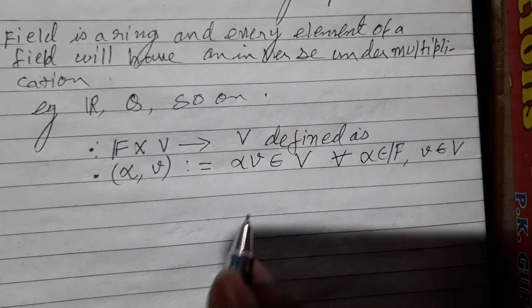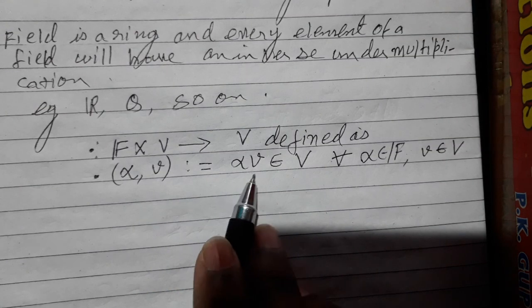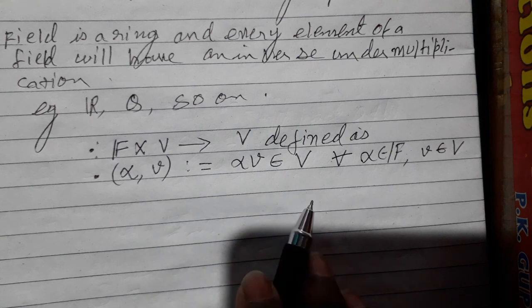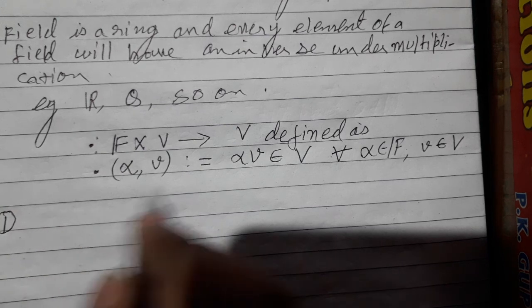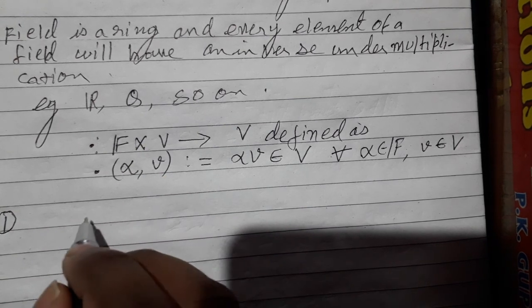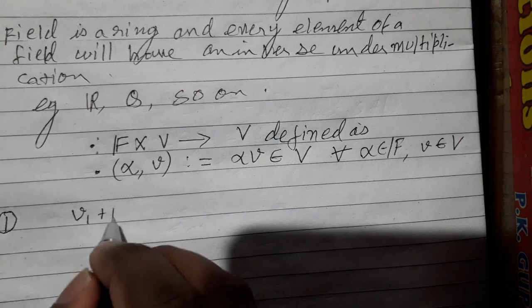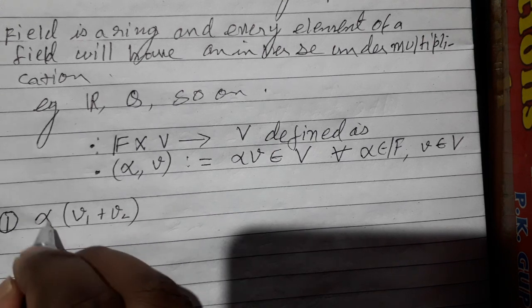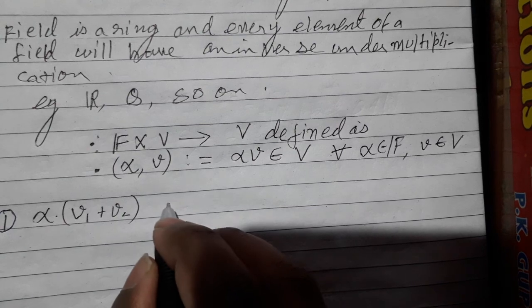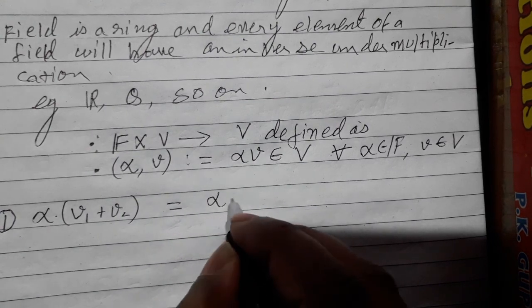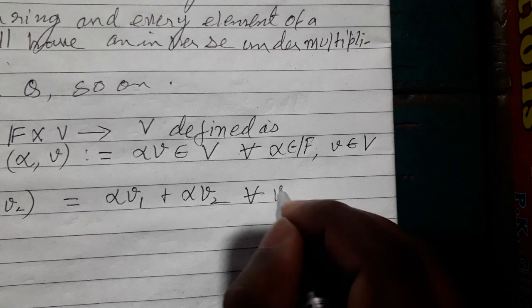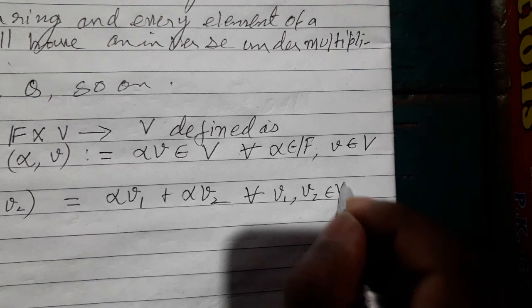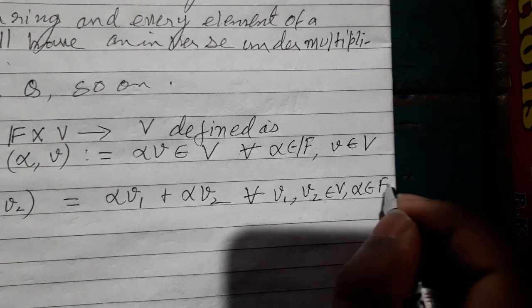After this, it should satisfy the following properties. The first property: you take two vectors v1 and v2, so I take v1 plus v2 and multiply with a scalar alpha. We should show that this equals alpha v1 plus alpha v2, for all v1, v2 belonging to V and alpha belonging to the field.